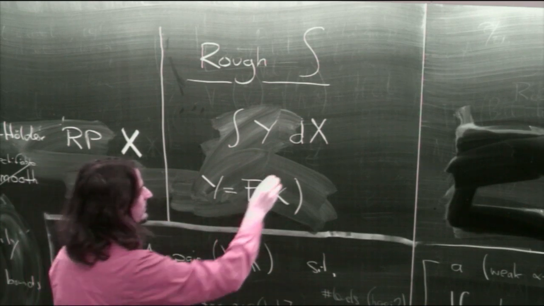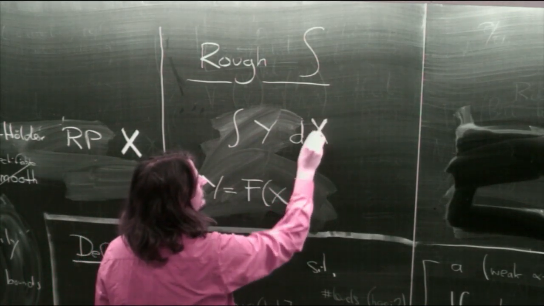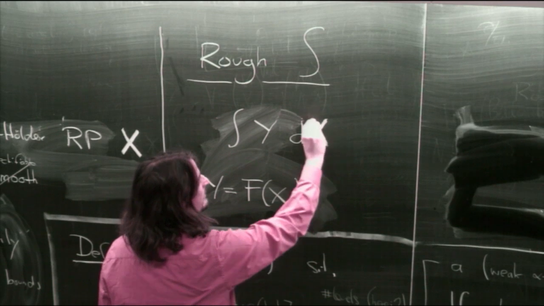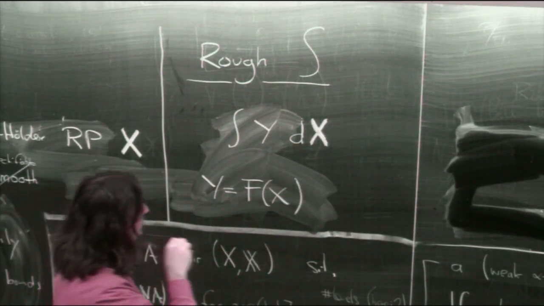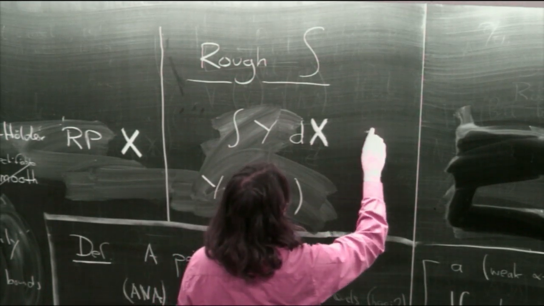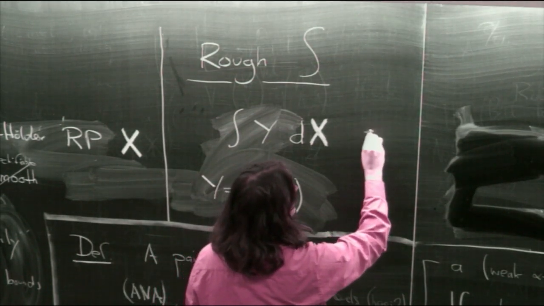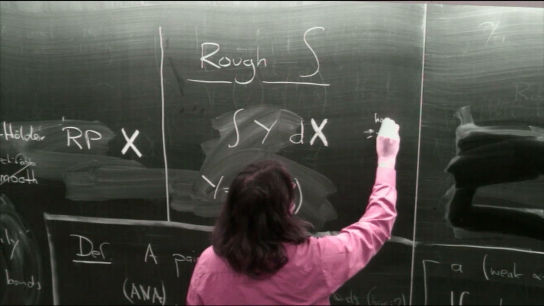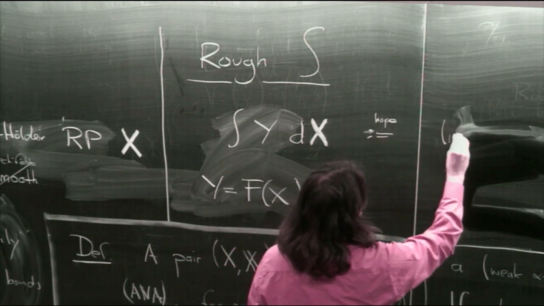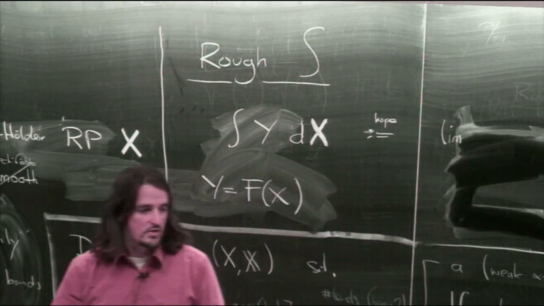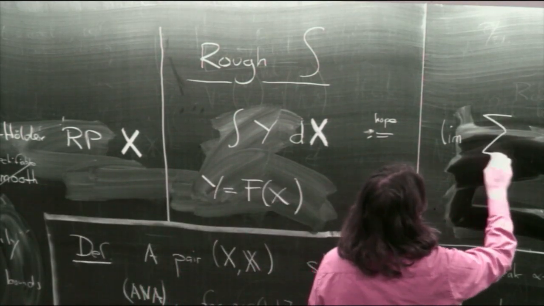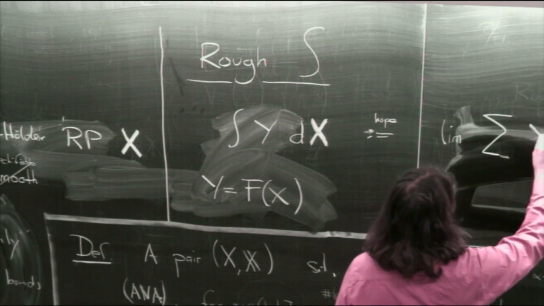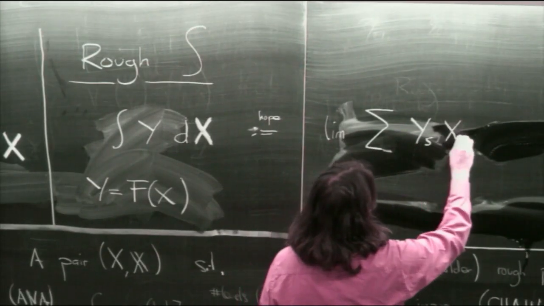So as you expect, the right thing to do will be to use the rough path here, which contains the second order information. Okay, and what is your hope here? So this is your hope, that it will be some Riemann-Stieltjes type limit of, well, you could take y_s times X_{s,t}.